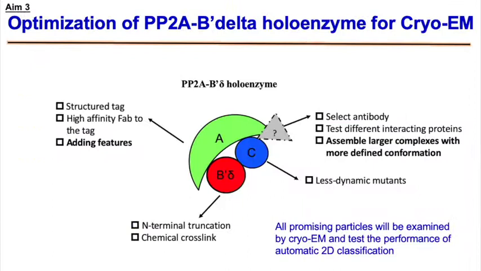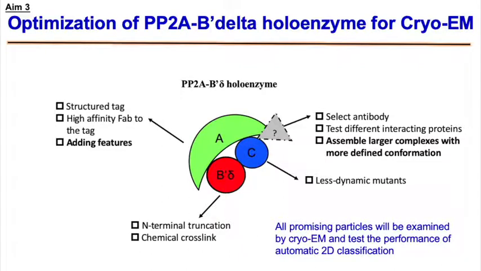But in brief, we want to combine these different strategies to really nail down the structure. All the promising particles, validated biochemically, will be examined by cryo-EM. So we're going to let the data speak, because the major key to the success of high resolution structure determination is the good performance of automatic 2D classification.